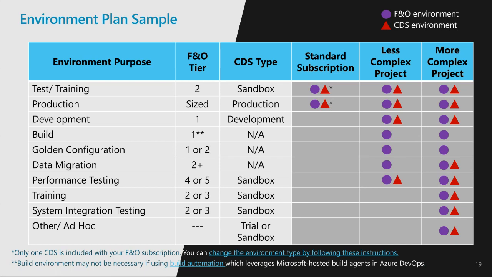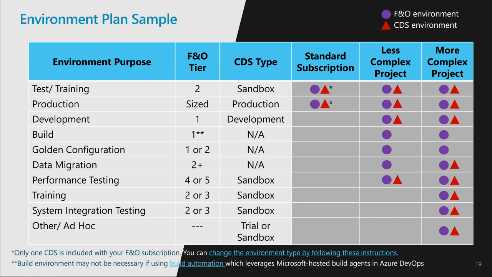That means it can take away the need for the build VM. But this feature is limited to code compile and creating package only. There is no support for running unit tests, and there is an overall time limit per month. So please make sure that you assess those limitations and decide whether to use build VM or Microsoft hosted agents.